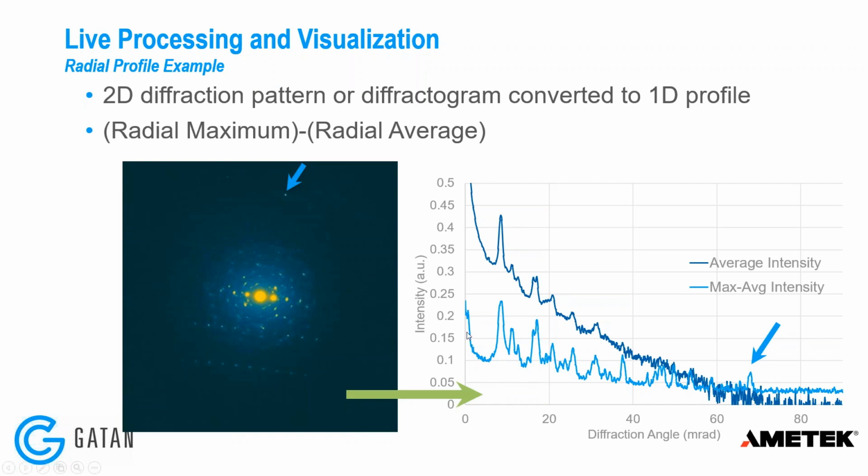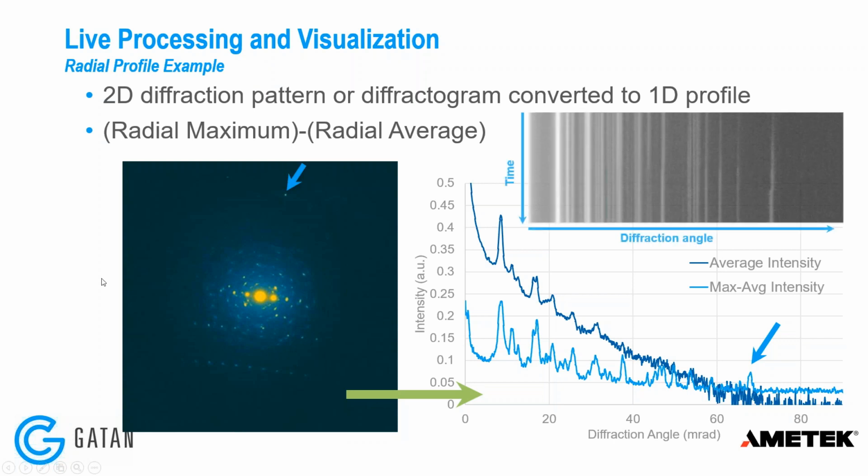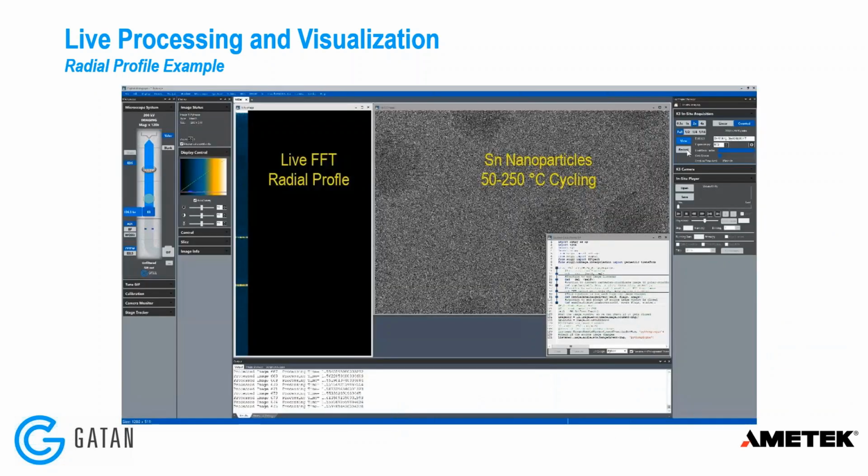But I'll just say that I take a radial maximum and subtract a radial average to produce this light blue radial profile. And then I can plot this over time, and we can start to see even very subtle changes in the diffraction pattern as a function of time. And I'm running out of time here, so I'm not going to explain that particular experiment.